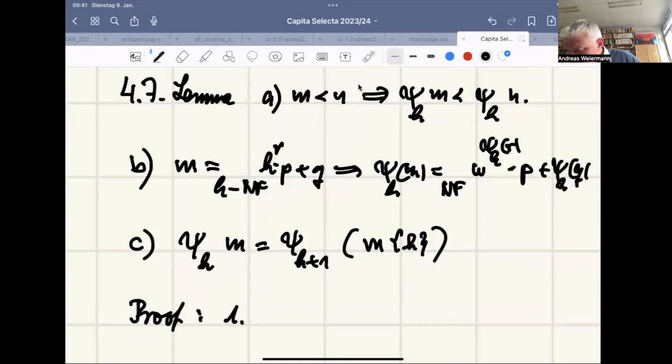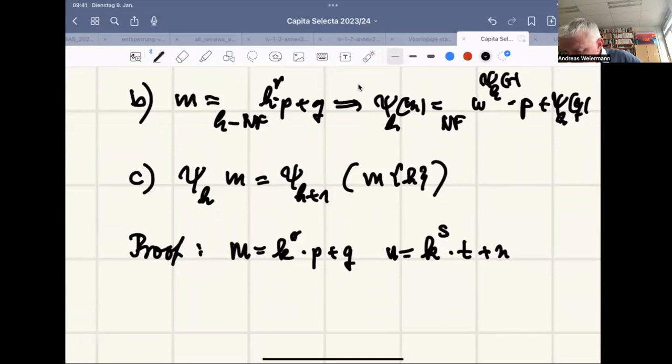Case 1 was what? Well, let's first fix: m is k to the r times p plus q, n is k to the s times t plus u, let's say.